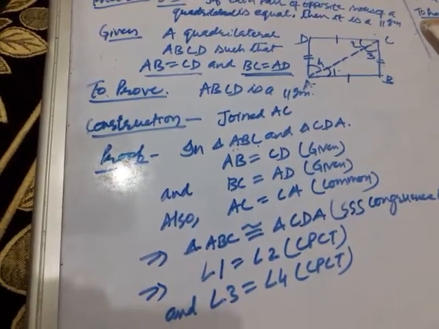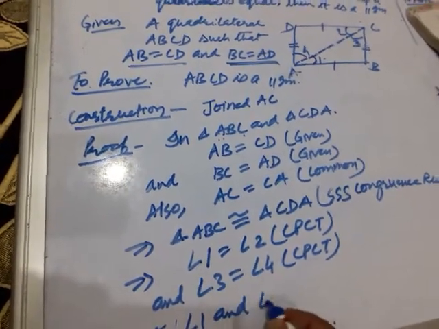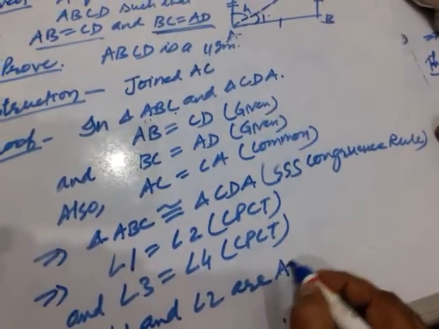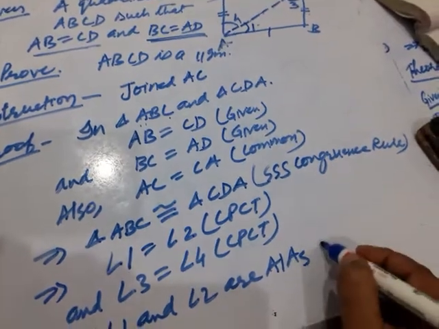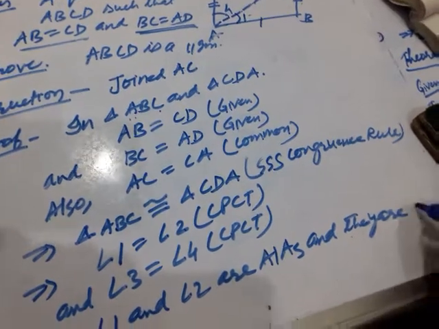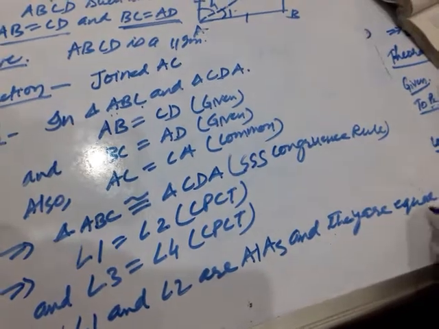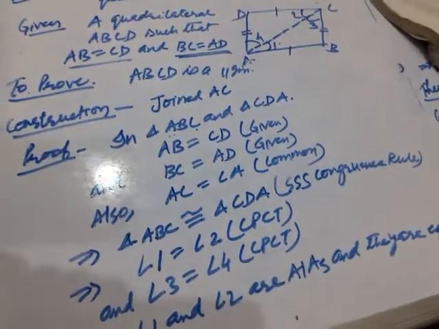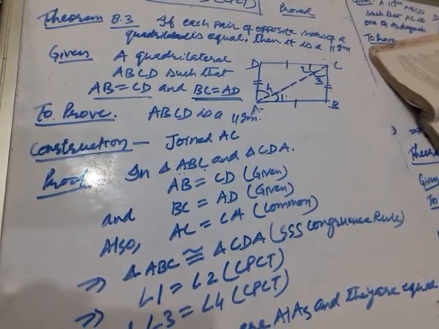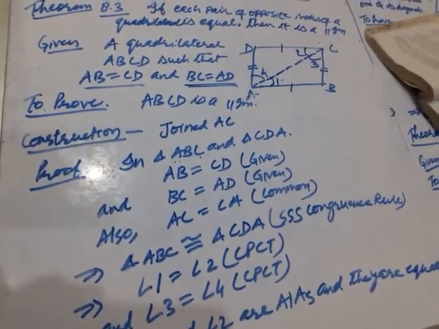But angle 1 and angle 2 are alternate interior angles, and they are equal. This implies that AB is parallel to CD.